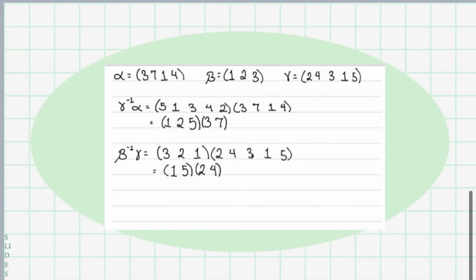So ang atong buhaton ani, the only number nga I haven't encountered is 3. So we say that 3 maps to 1 and 1 maps to 3. So 3 actually remains constant. So this would be the disjoint cycle that represents beta inverse gamma.